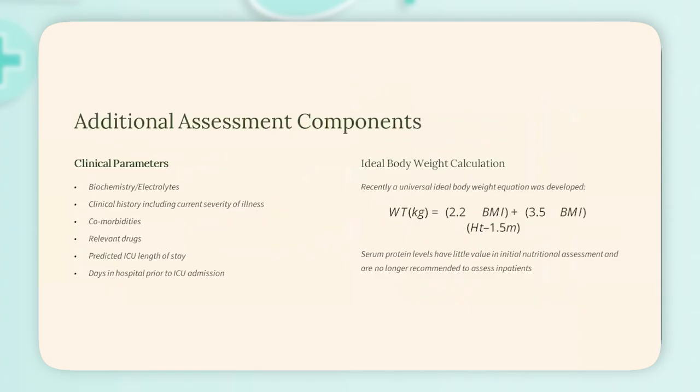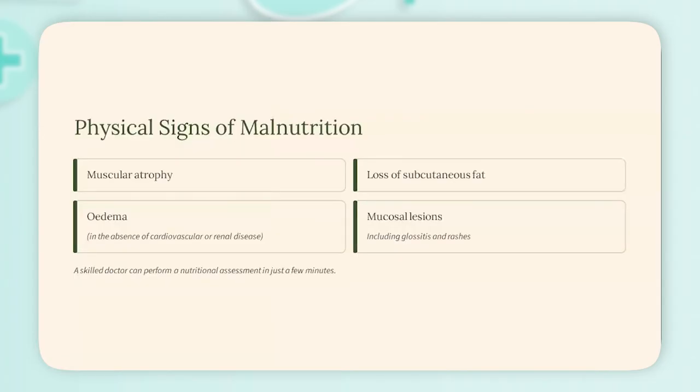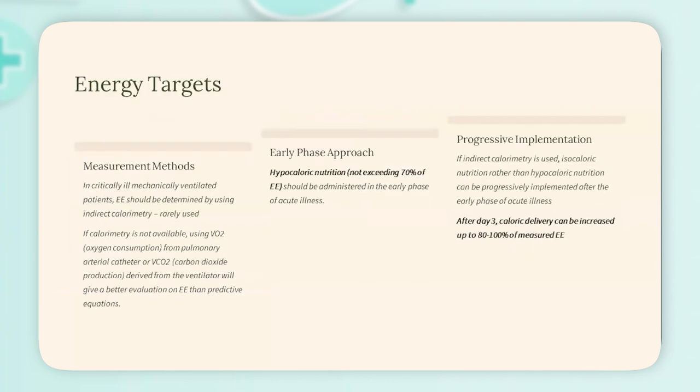Then we can calculate the ideal body weight based on the height of the patient, what are the different medications he was getting, and then check for any risk of malnutrition, check for any muscle atrophy, subcutaneous edema, loss of subcutaneous fat.